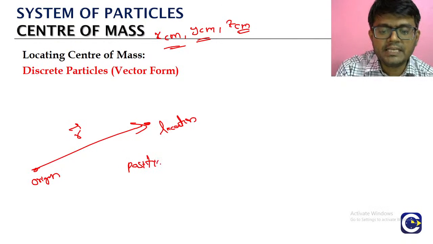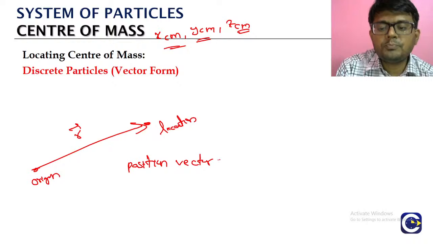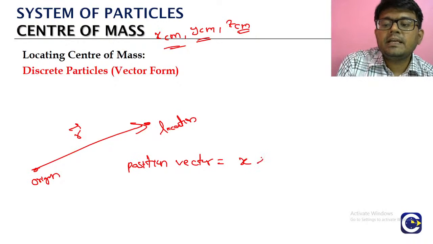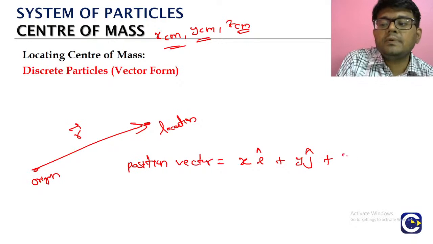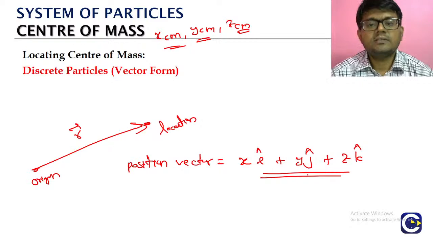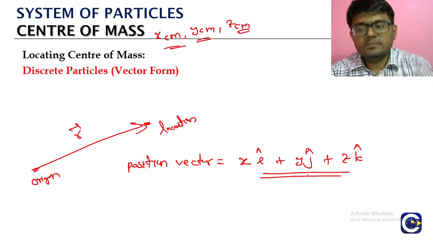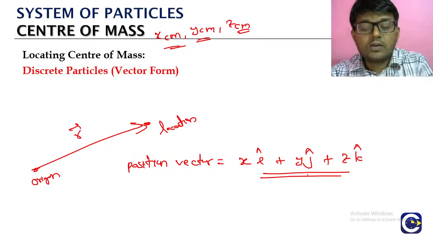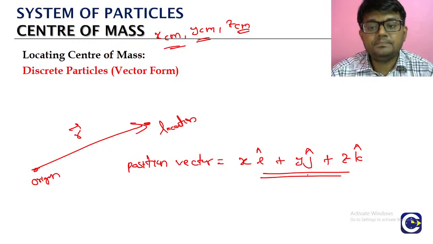So for any particle, what is the position vector represented by? Its x coordinate into i cap, y coordinate into j cap, z coordinate into k cap.